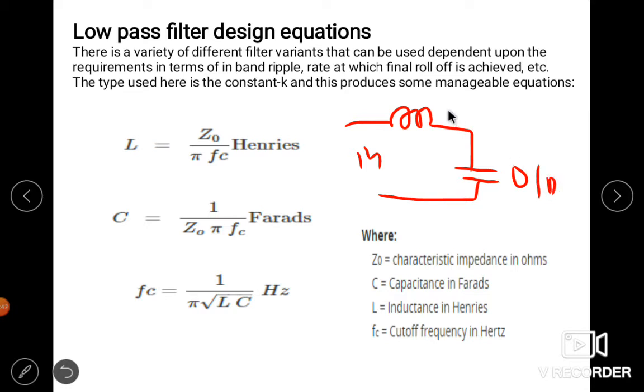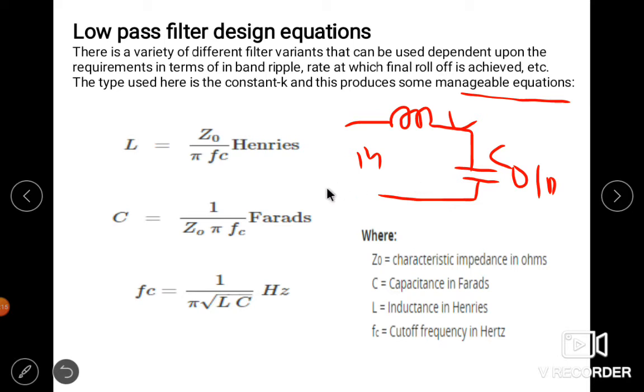This is L and this is C, right? So there is a variety of different filter variants that can be used depending upon the requirement in terms of band ripple, the rate at which the final roll off is achieved, etc. The type used in the constant K filter produces some manageable equations. So what does manageable equation mean?